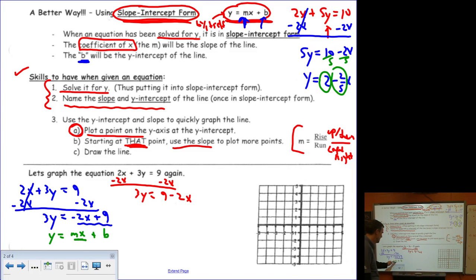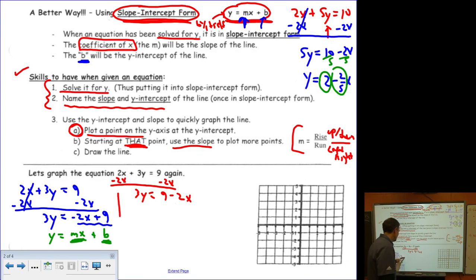The x term comes first, and the number comes second. I don't particularly care. Whichever way is more convenient is probably okay with me, as long as you remember that whatever number is in front of the x ends up your slope, and the other number is your y-intercept, and it doesn't really matter which order they come in.